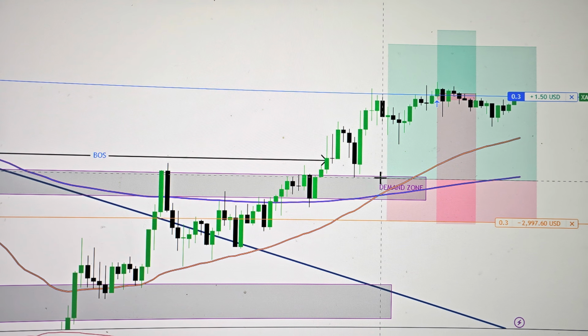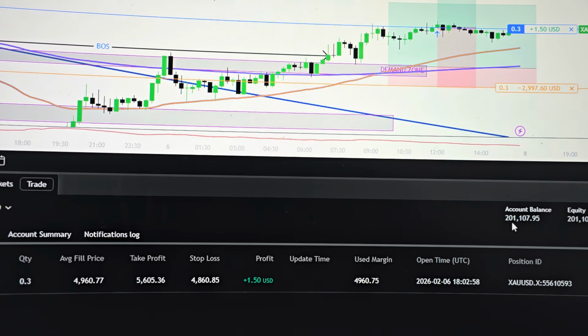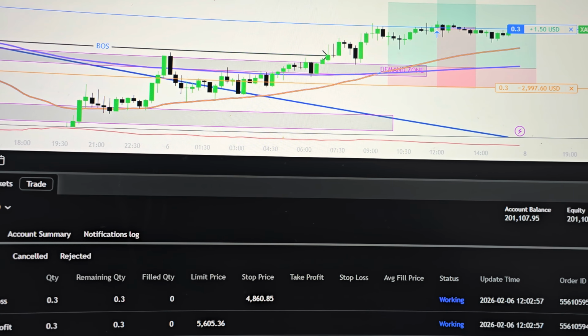So that was where our buy limit order was, and we couldn't get into the trade, and so we missed it this morning. And I think this is our FXify 200K challenge account. Where do I have it? Do I have that for this morning?